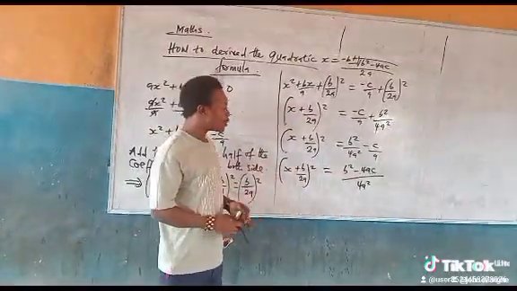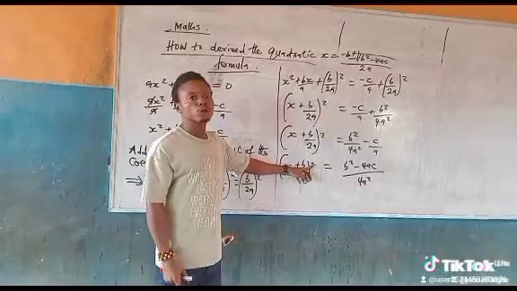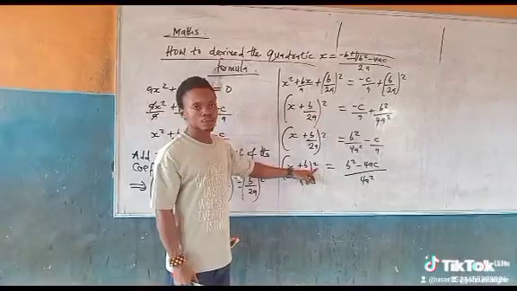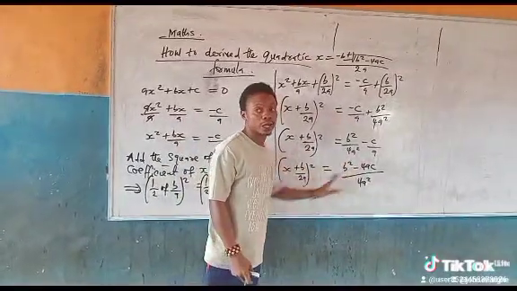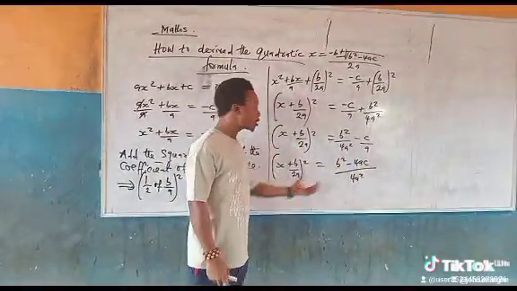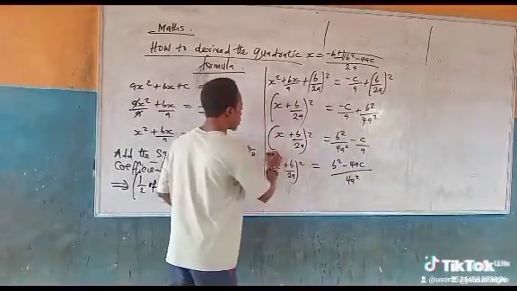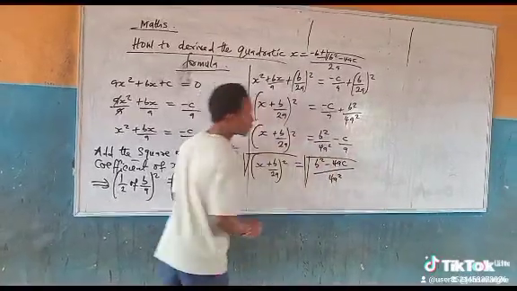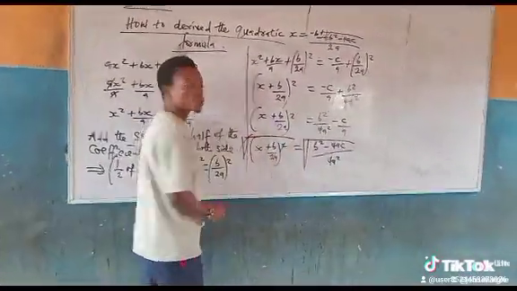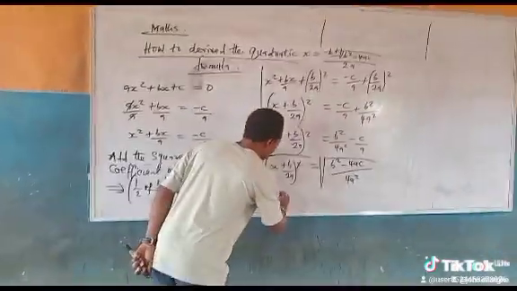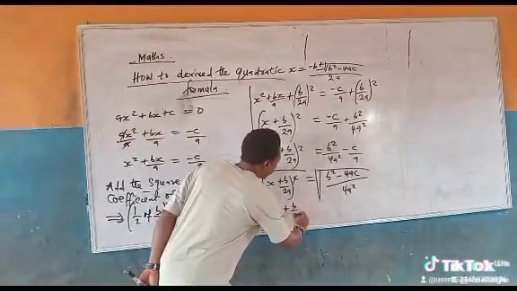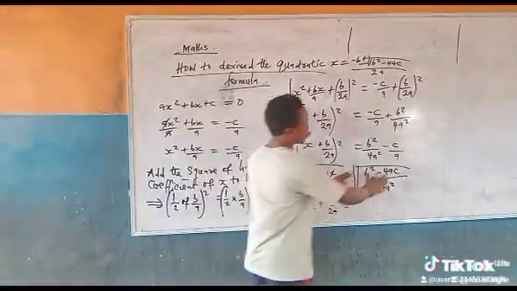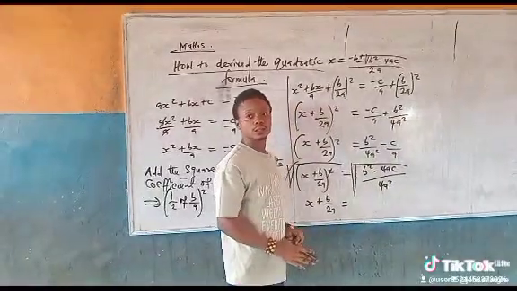Now the next step is, because of this square, you are going to introduce square root in order to eliminate this square. So you are going to take the square root of both sides. Now this square will cancel this square. So we are left with x plus b all over 2a is equal to the square root, which covers everything inside this bracket.